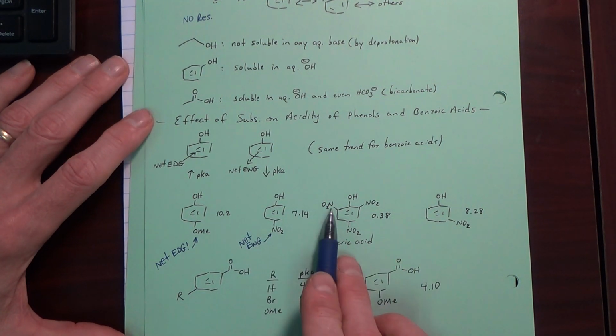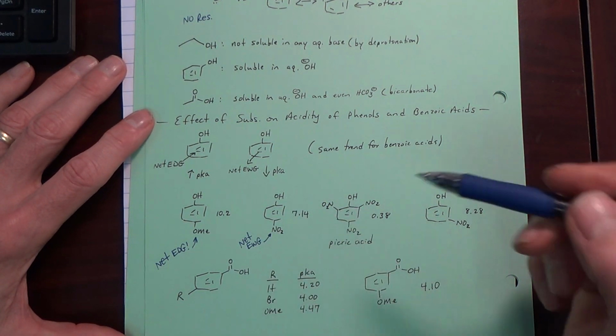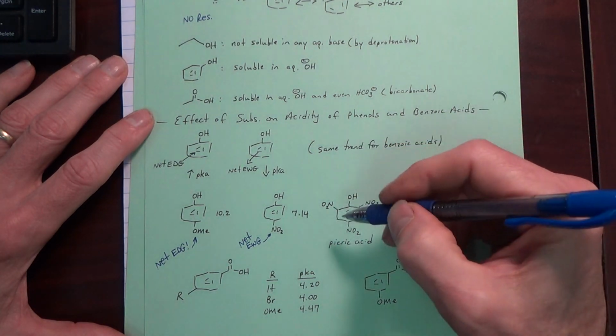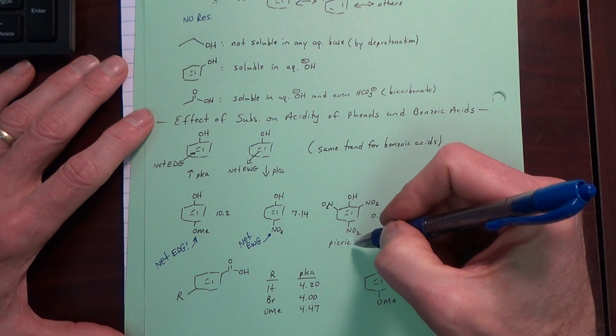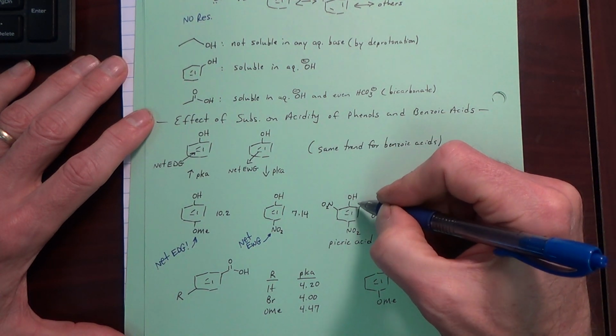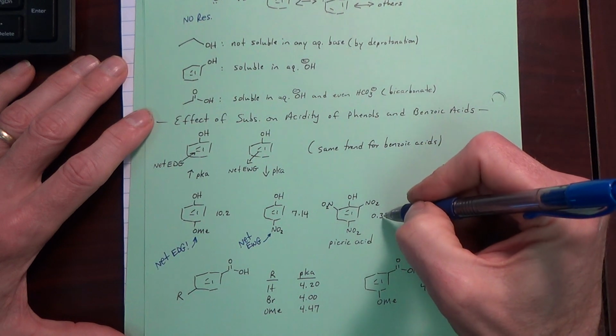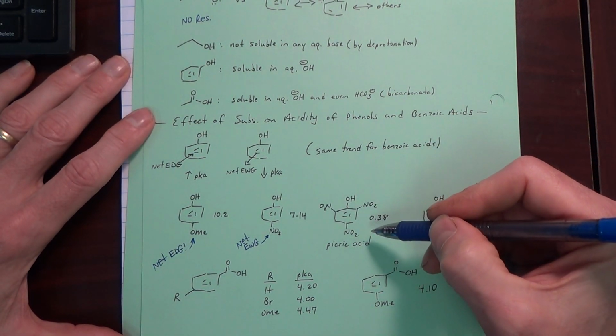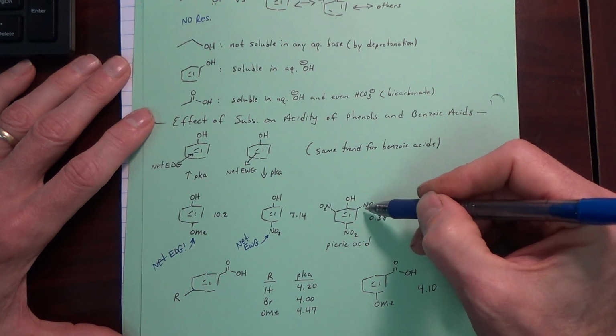Now actually, if you put 3 nitro groups on phenol, and in this case they're either ortho or para, this compound, which is by the way called picric acid, I've mentioned it before, it's actually explosive, has a pKa of 0.38. That phenol is more acidic than most carboxylic acids.